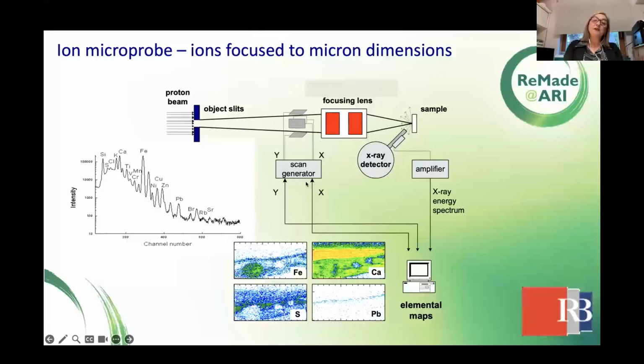Then you need a scan generator, which will scan your beam along the surface of the sample. And you can get 2D images, 2D distribution of elements. So you get elemental maps for different elements. You can then correlate elements, so you can see how they are correlated among themselves.